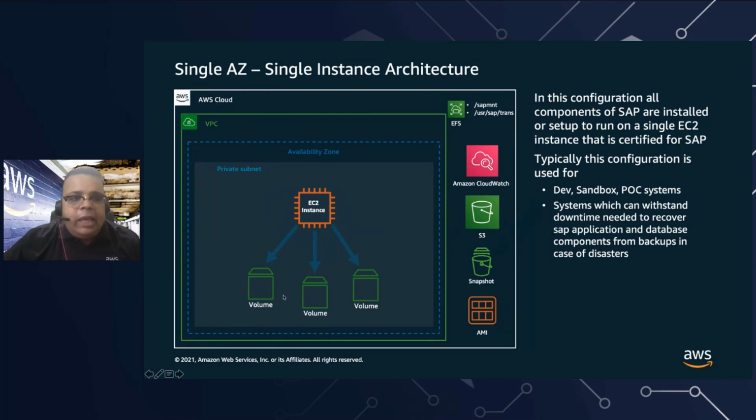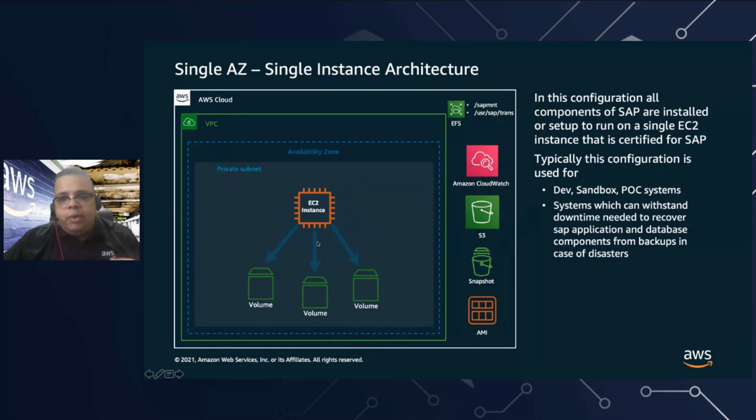For example, if your primary application server or your additional application server is impacted by an underlying issue, you don't want your entire system to come down. But with single instance architecture, your entire system will be impacted. So if you separate out the SAP components like central services and the database, the lesser the blast radius becomes, the better for you.